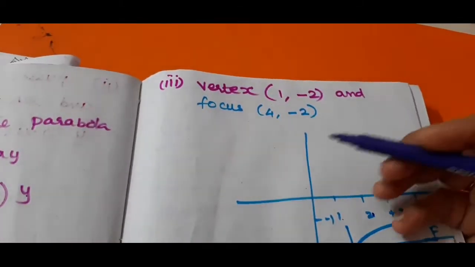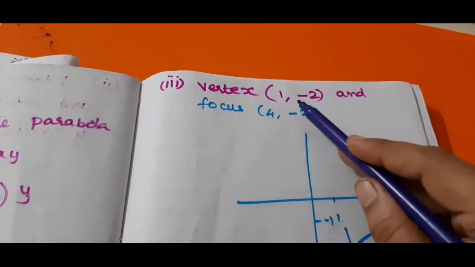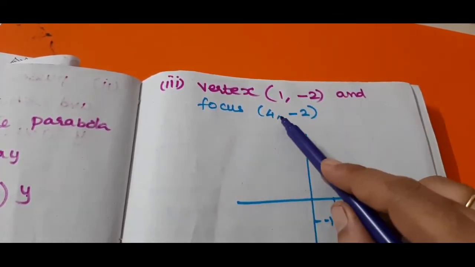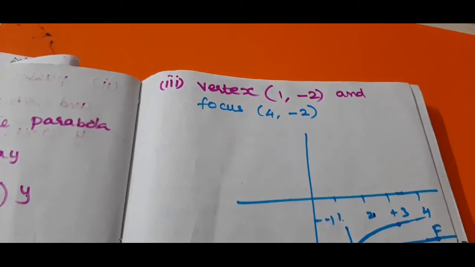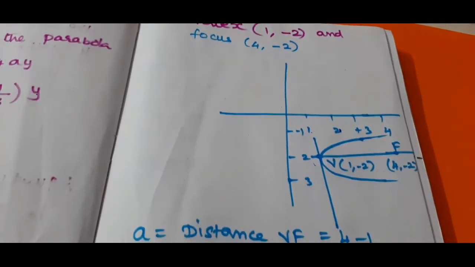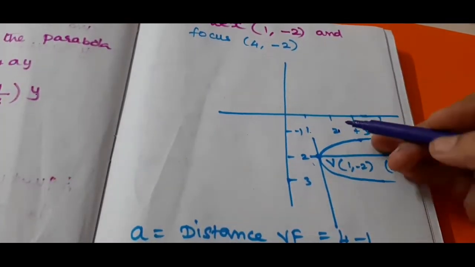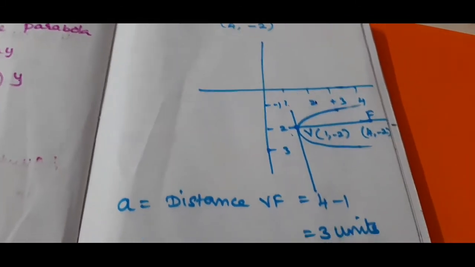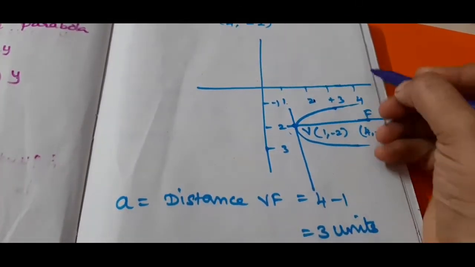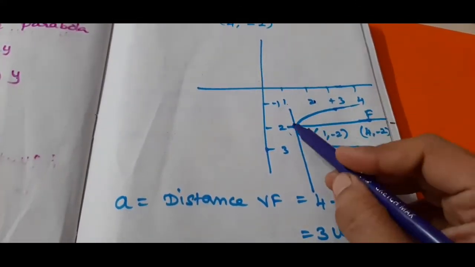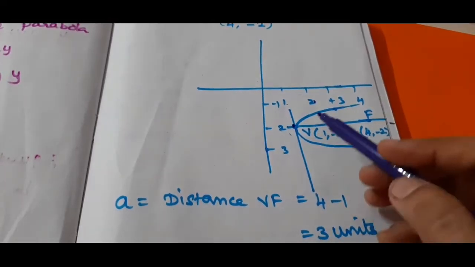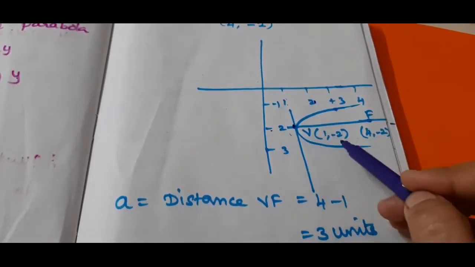The third case is vertex (1, -2) and focus (4, -2). I have drawn this is the x-axis and this is the y-axis. Vertex is (1, -2). This is 1 and this is -2.